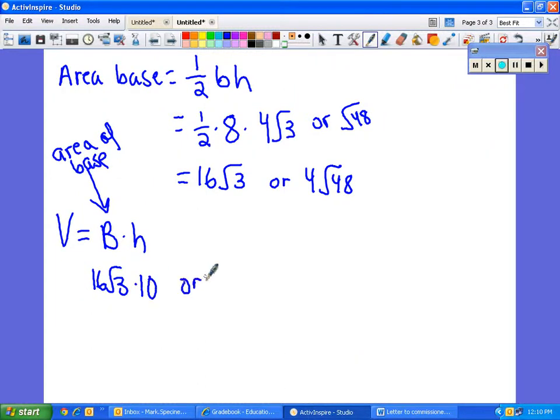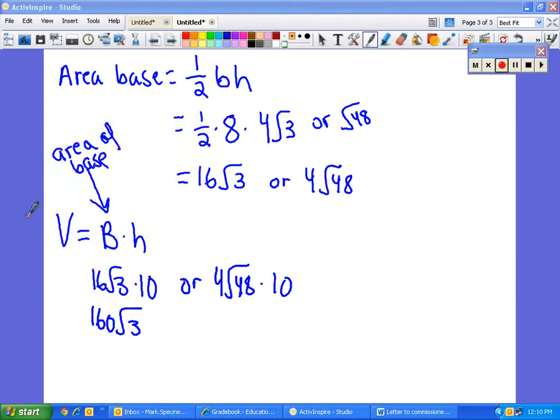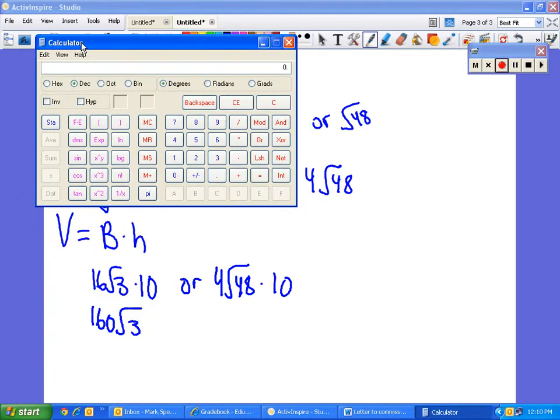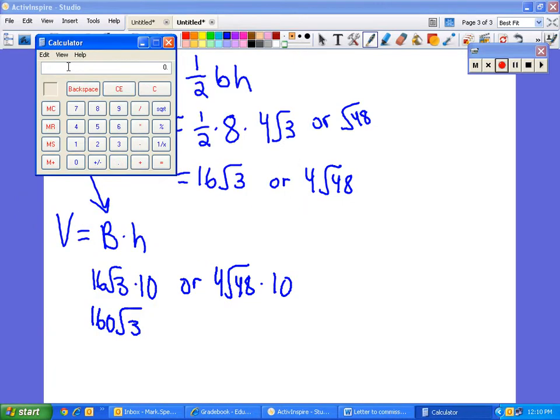Or 4 times the square root of 48 times 10. Plug either of these into your calculator. This gives you 160 times the square root of 3, which gives me 277 point something.